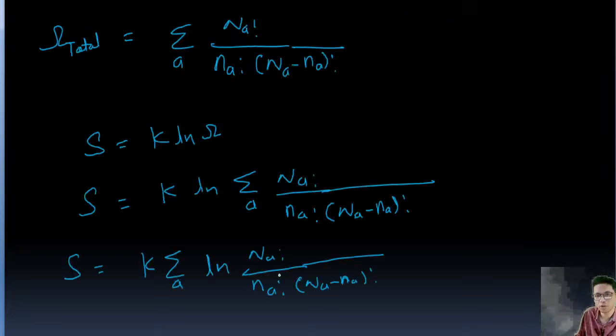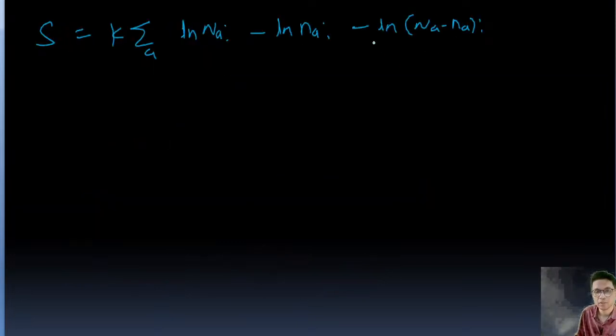We have used the log property: log A upon B is log A minus log B, right? This one.